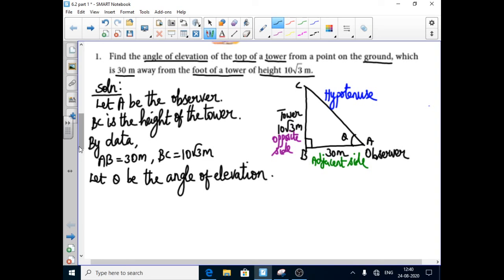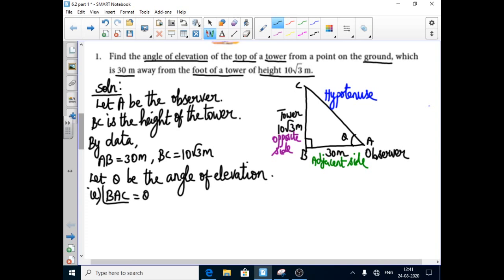In this exercise the diagram is important; using this diagram only you are going to do the sums. For theta they give the opposite side and adjacent side, so we have to use tan theta. So we take angle BAC equal to theta.